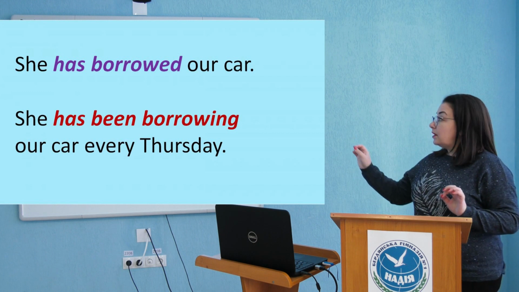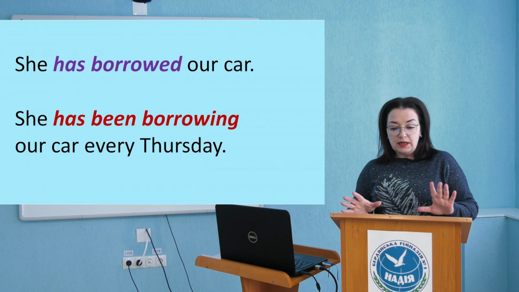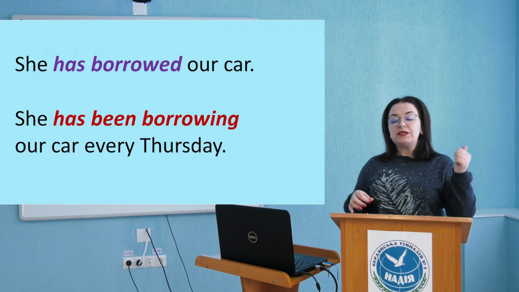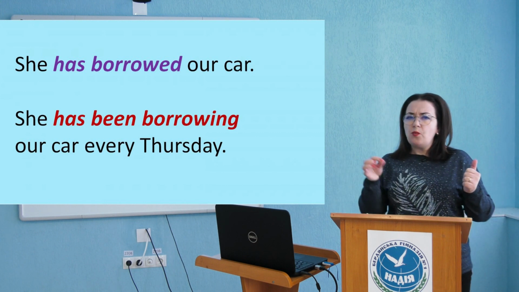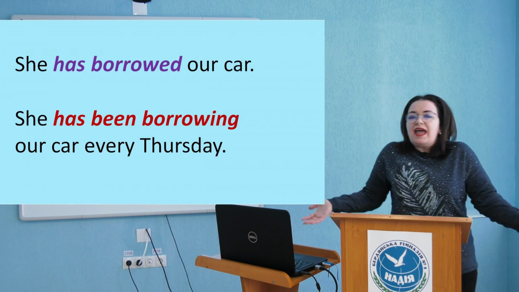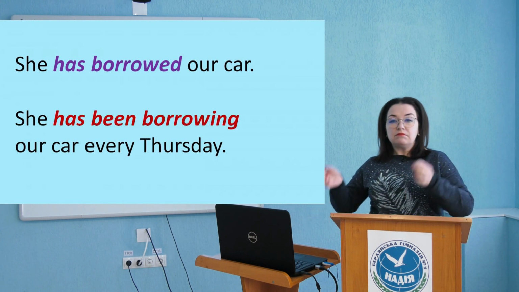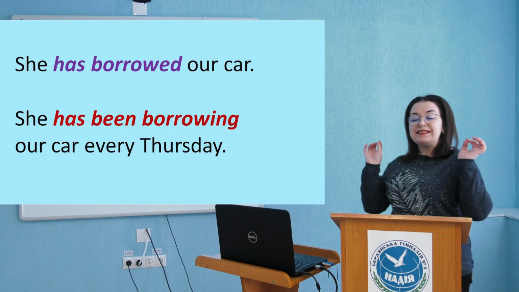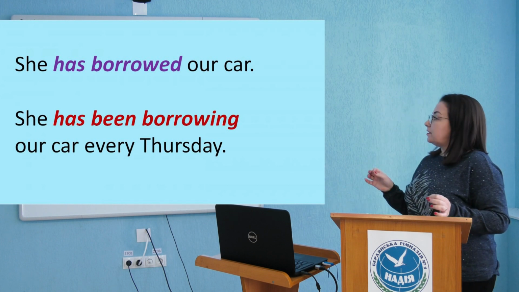Another example. She has borrowed our car. So, this is the action that happened in the past, but it's important to the present. Why? Because we don't have a car right now. If you have such a case, the present perfect simple is your choice. And another sentence.